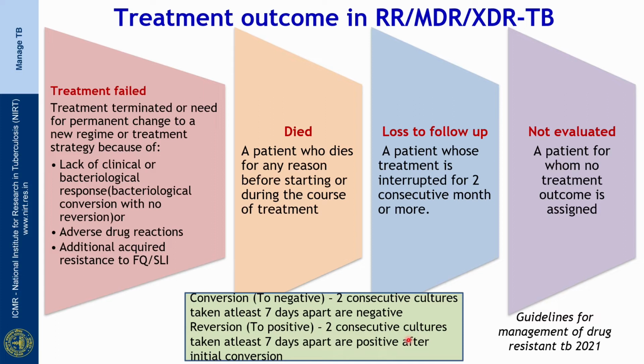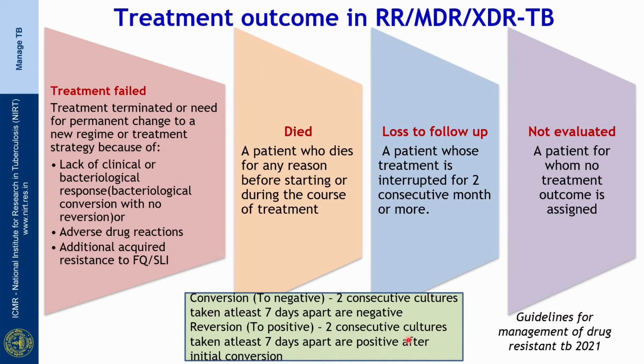Died: any patient who dies for any reason during the course of treatment is labeled as died, irrespective of cause, could be TB or non-TB. Lost to follow-up: a patient whose treatment is interrupted for 2 consecutive months or more is considered as lost to follow-up. A patient for whom no treatment outcome is assigned is labeled as not evaluated.